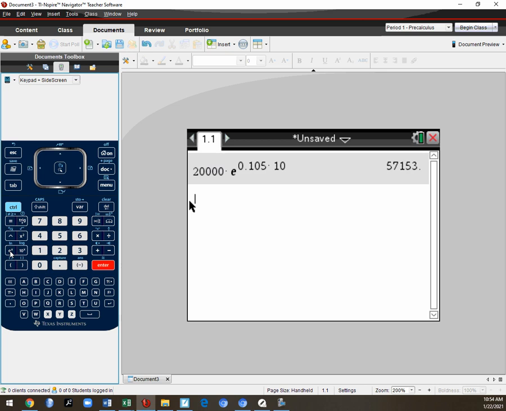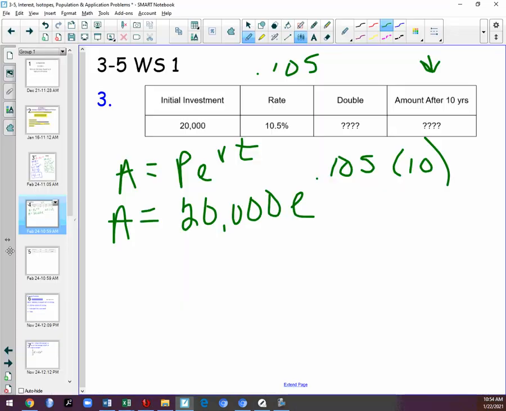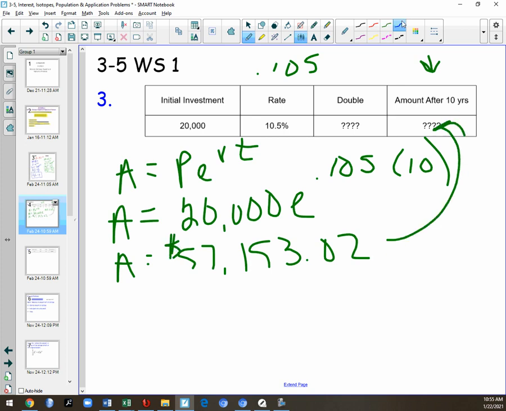And if I arrow up one time, I can grab the whole decimal. So that's $57,153.02. That's how much I will have in my account after 10 years.